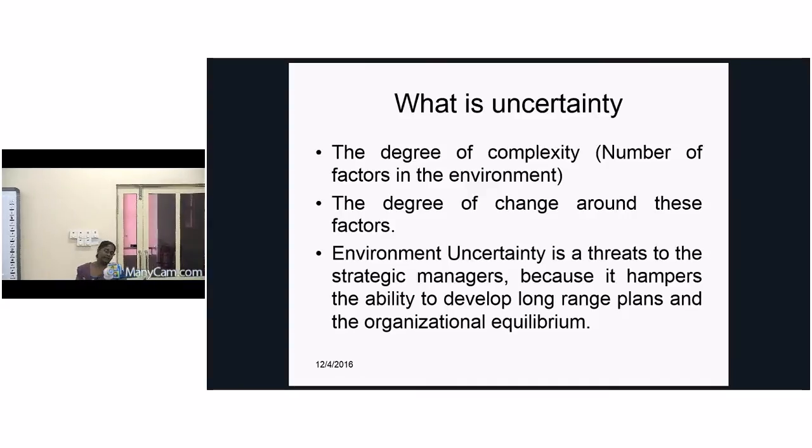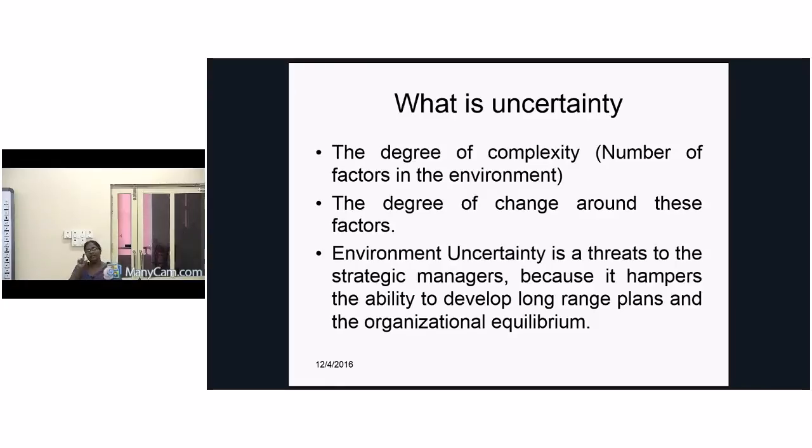Uncertainty is high. There are many more factors surrounding our company, and all these factors are changing rapidly. So then uncertainty is very high.